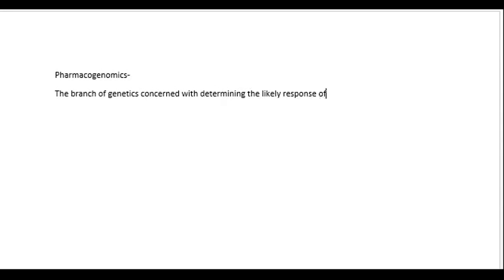First, let us start with pharmacogenomics. It can be defined as the branch of genetics that is concerned with determining the likely response of an individual to the therapeutic drugs.